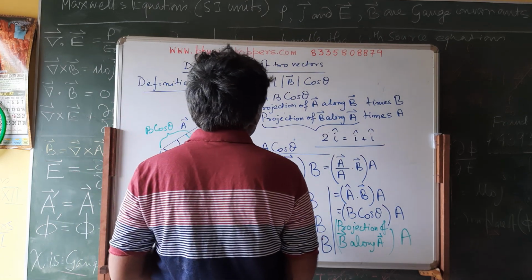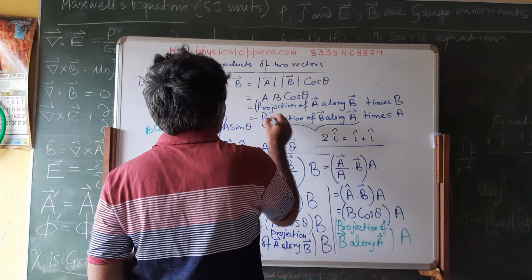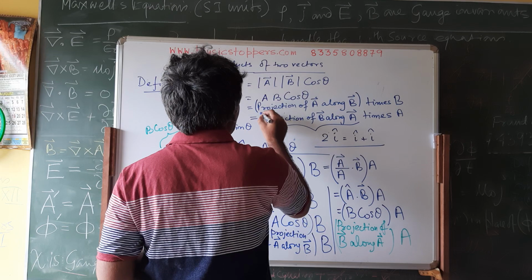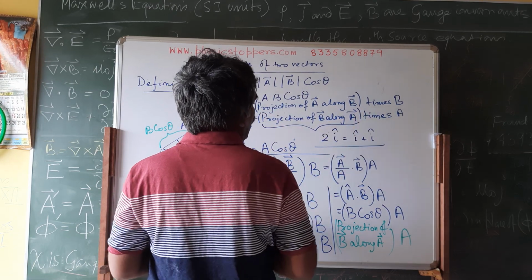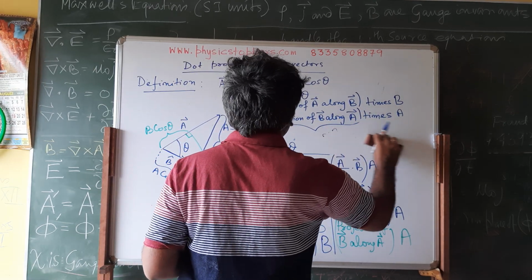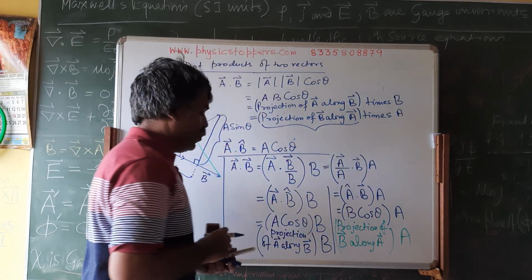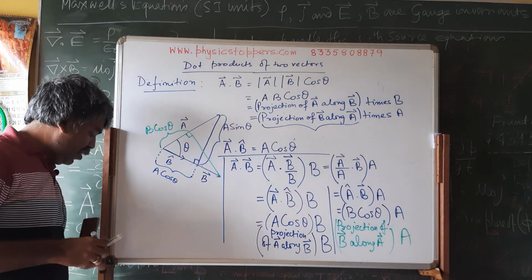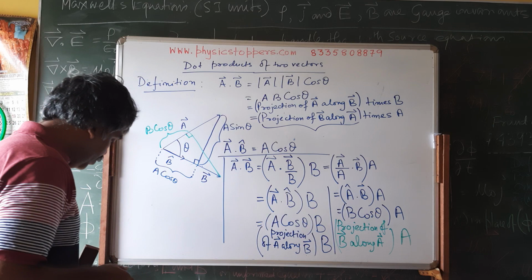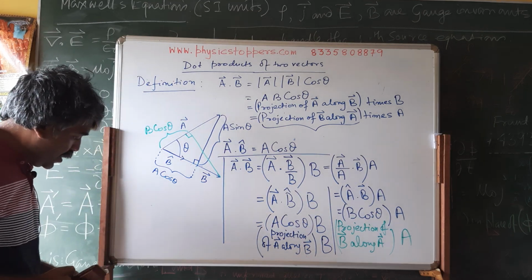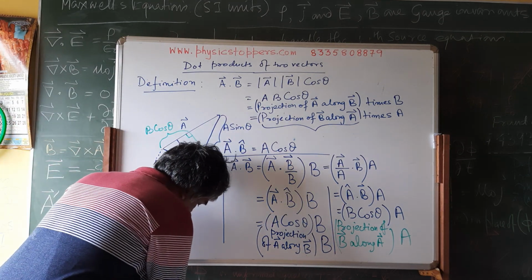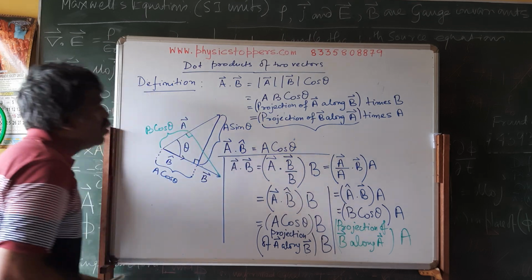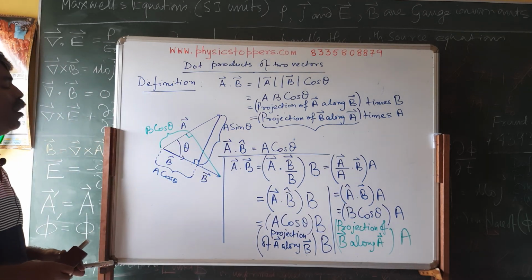So this is the projection of A along B times B, projection of B along A times A. So this is a geometric representation of the vector. Let me follow one by one.